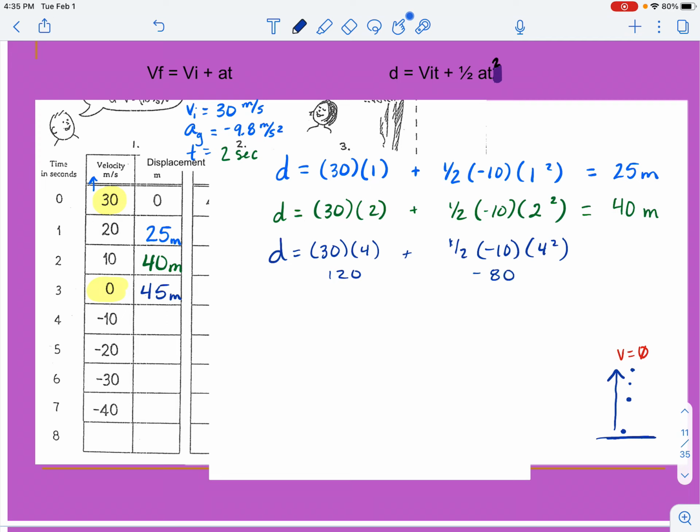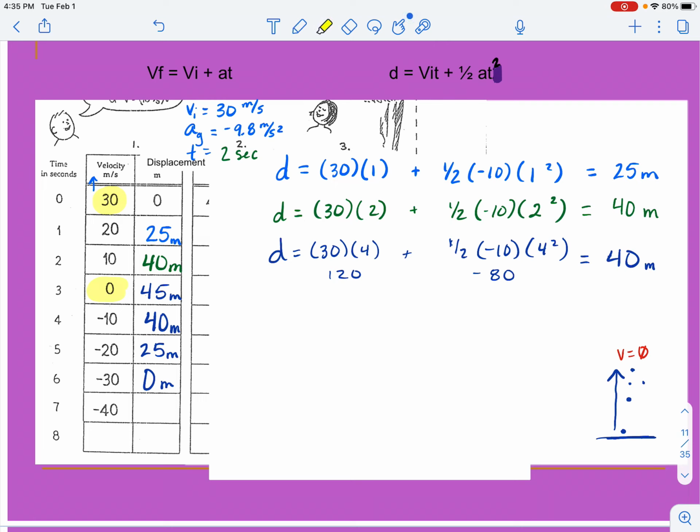When I add those two numbers together, I do indeed end up with a value of 40 meters. And notice that it's a positive 40. Why is that? Because as the object falls back down, it is still vertically above the starting point. So all of these values here are going to be positive numbers. And then eventually we get back to where we started.